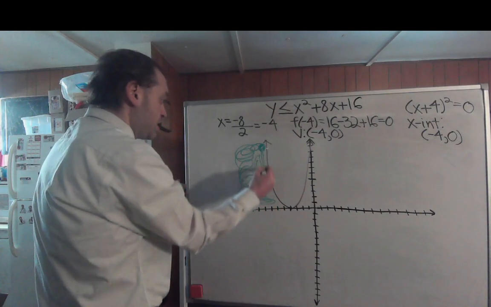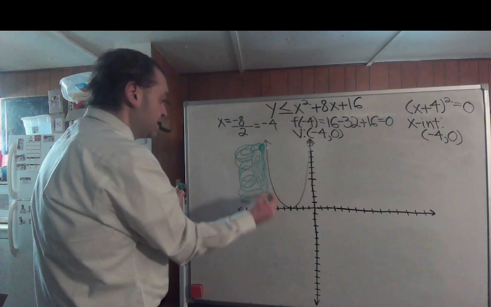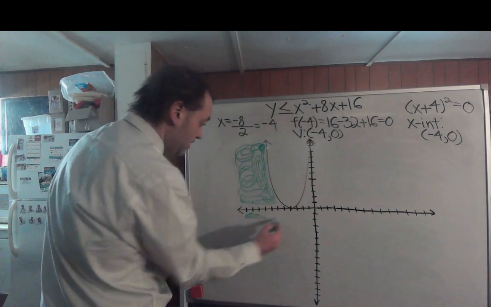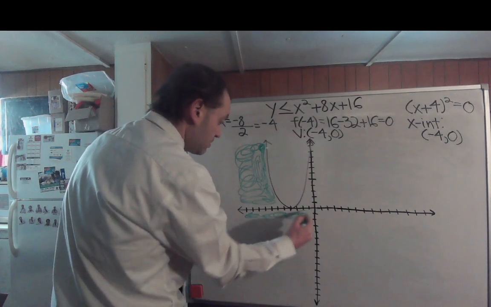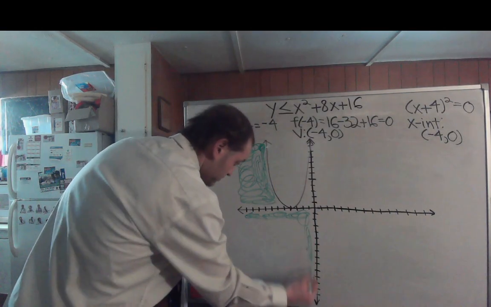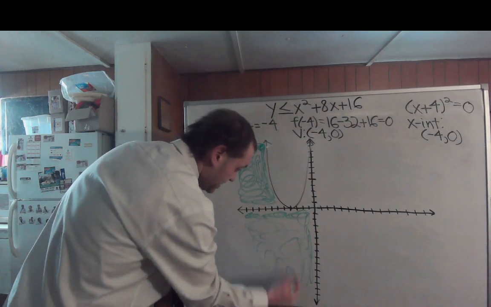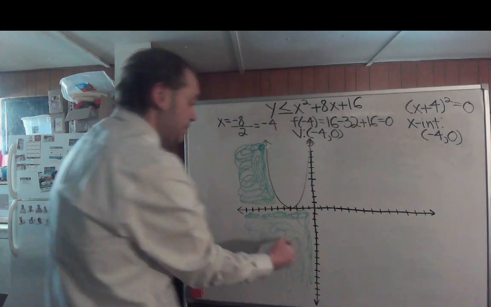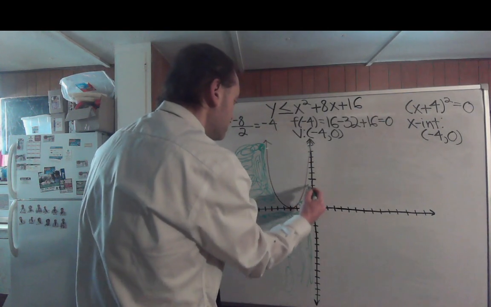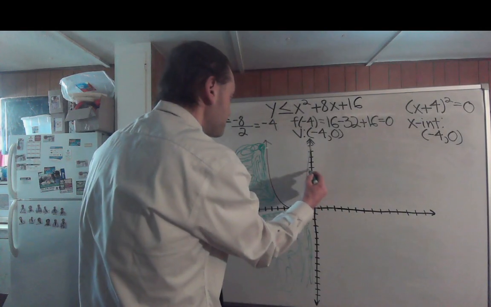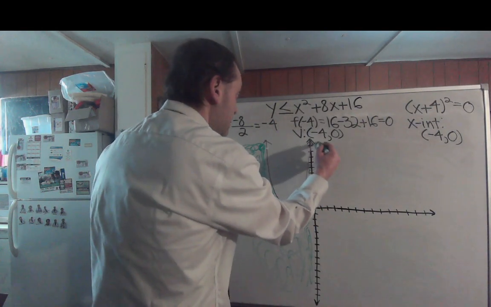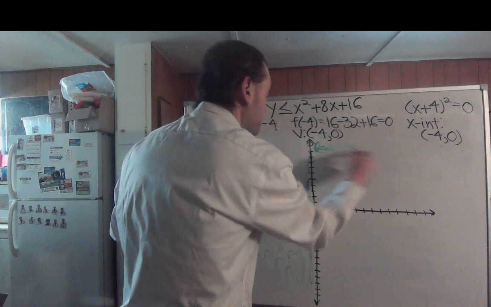So we'll shade everything around it here. There's an awful lot of shading. If you aren't seeing it now, you're getting ready to see it. Everything below that parabola. And everything outside of it.